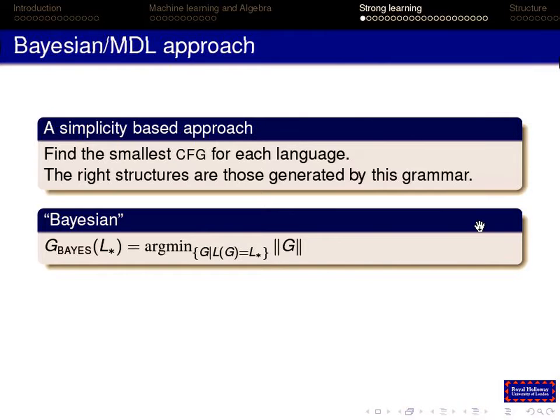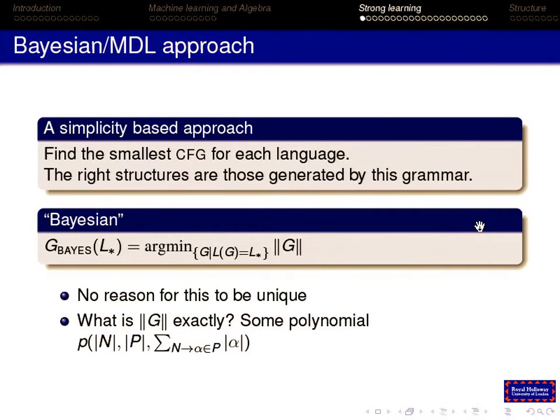One natural way of doing this might be to try and find the smallest context-free grammar for every language, so the grammar that, amongst the set of all grammars that define this language, is the smallest one.